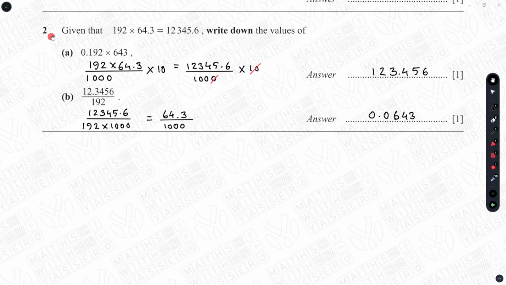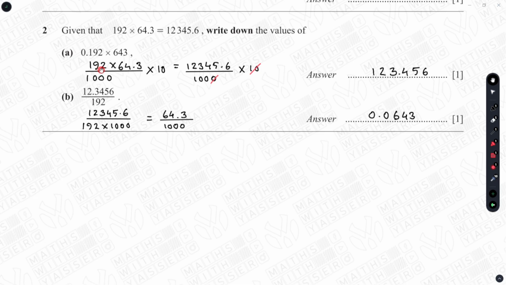Question number 2. Given that 192 times 64.3 is equal to 12345.6, write down the values of 0.192 times 643. In order to solve this, we need to manipulate the value that has been already provided in the question.